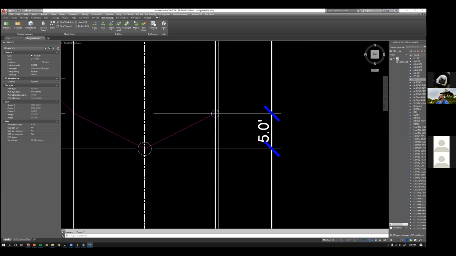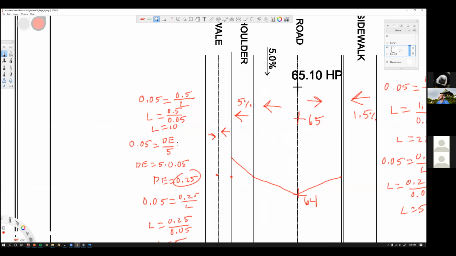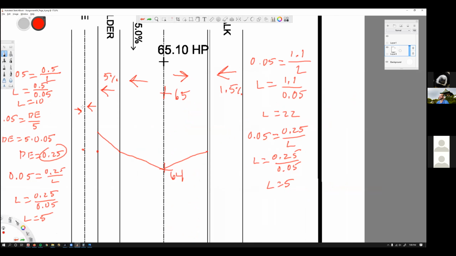Okay, so for the curb, it is the same exact 10 feet that we had from the swale. Sorry, that is horrible. I have a ruler tool, let me just use it. I can't access my tools because this thing is in the way.